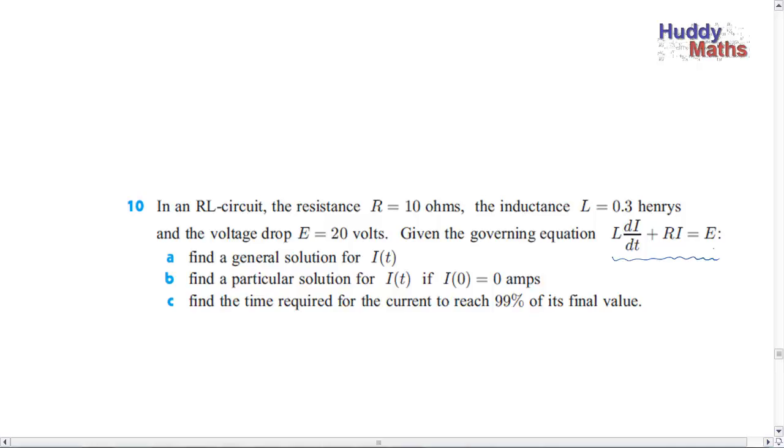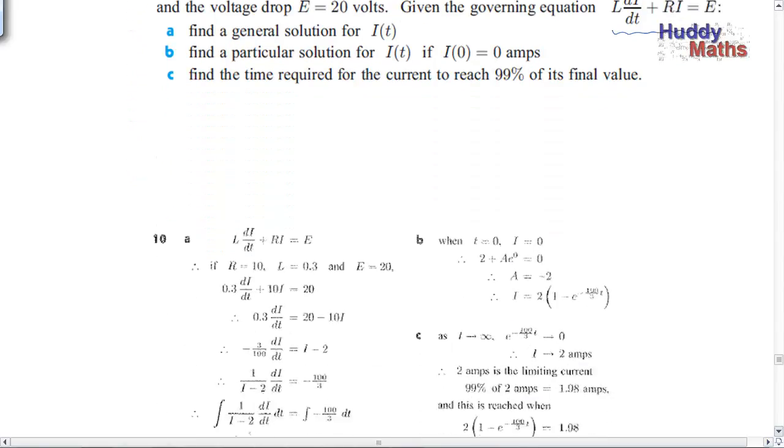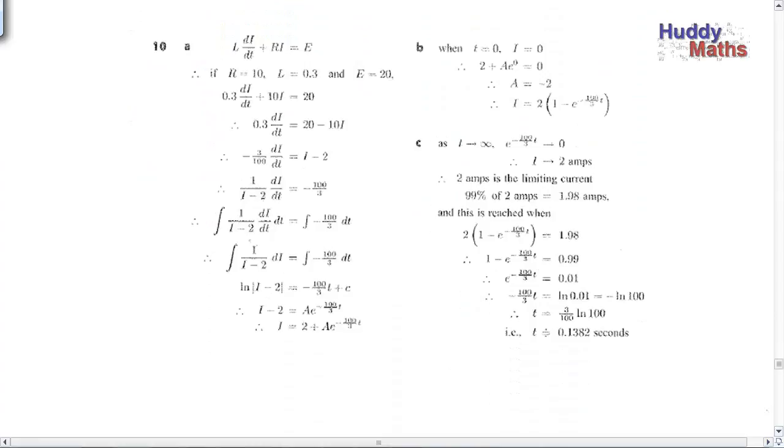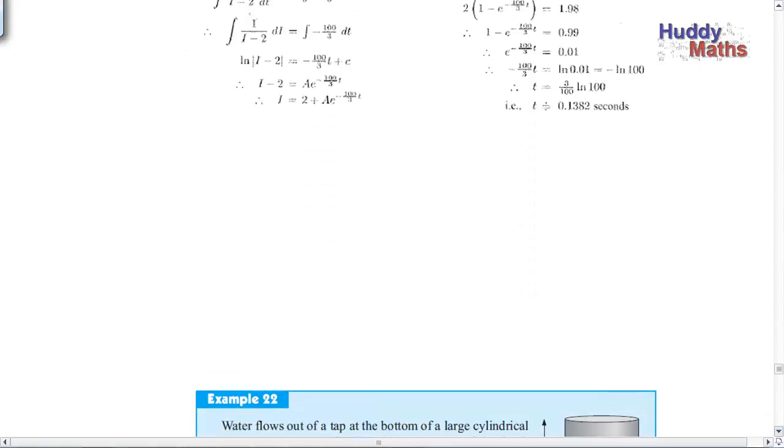All right, so pause this one and have a go. Do a similar thing to what you've just seen there, and I'll show you the solution now. Okay, so there's our solution, and let's go on to the last problem and see what you think.